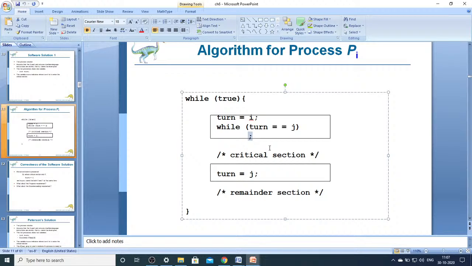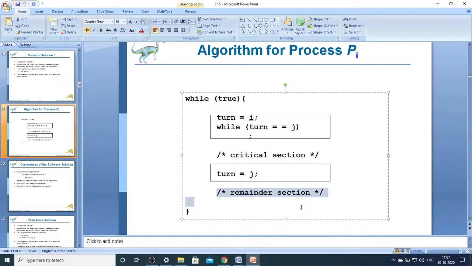Until the flag of Pj becomes false, this process will keep on waiting, and once this while condition fails, then this process Pi enters its critical section. Once it completes executing its critical section, it will set back the turn to the neighbor process, and then this process Pi continues with its remainder section.